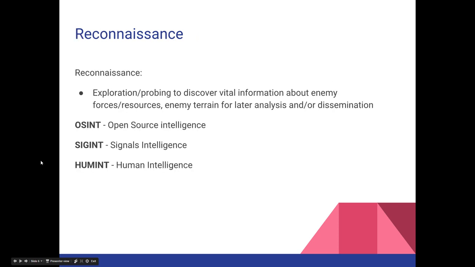Reconnaissance is typically the first stage of any penetration testing campaign, and it's exploration and probing to discover vital information or attack surface information about the target forces, resources, and, to put it in military terms, enemy terrain for later analysis and dissemination to other groups in the pen testing group. Now, to translate this into a pen test, it would really just be exploration and probing.